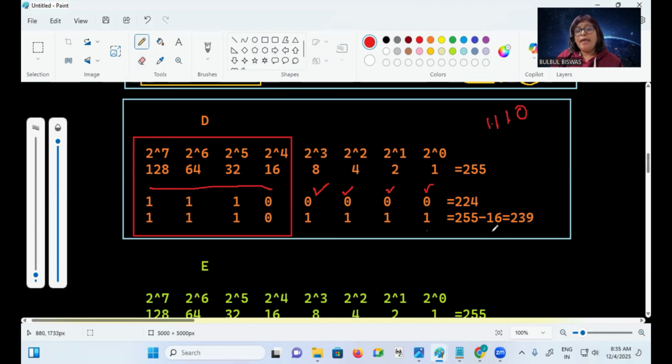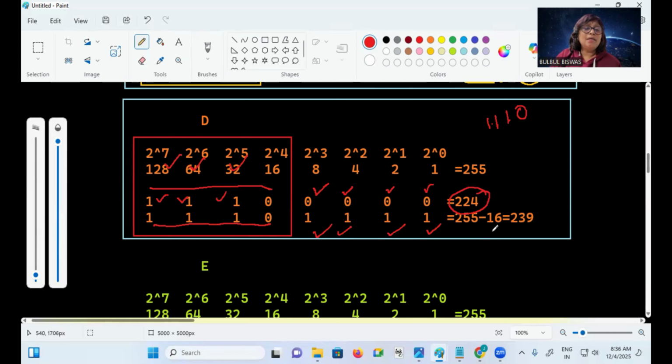One day all the octets will become 1, but IANA said you cannot change it. That is the reason, if we convert this into decimal, what happens? These 3 are 1, meaning 128, 64 and 32. If we add them, we get the value 224.